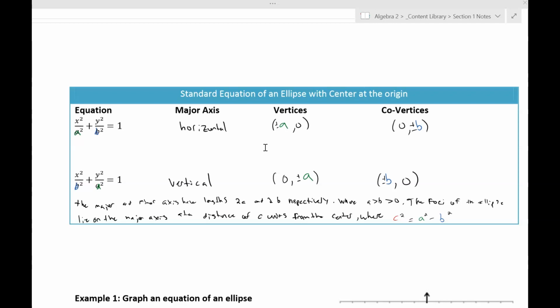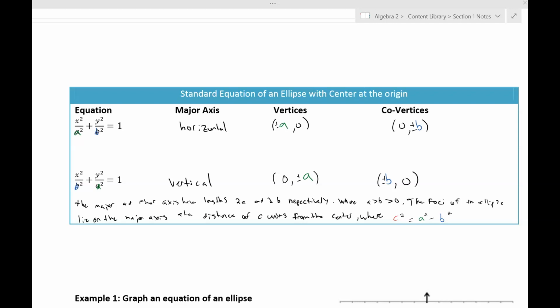Your co-vertices are on the x-axis, plus or minus this b value. So really just keep in mind that a is the larger number underneath the x squared or y squared. Use that to determine things.